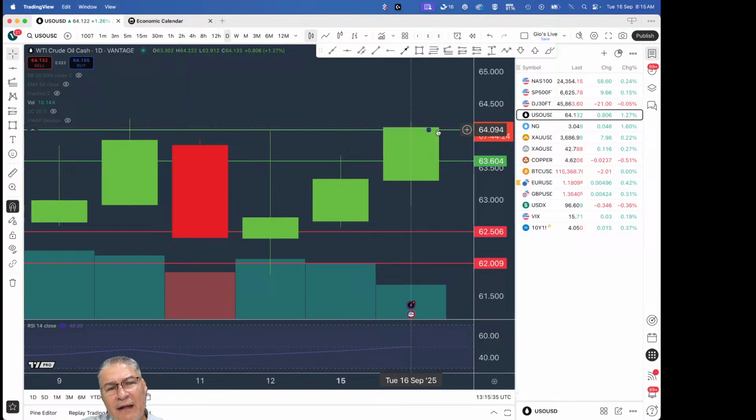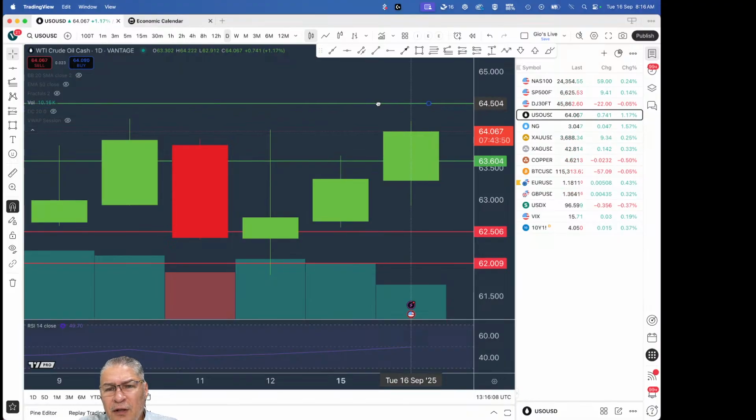Obviously, Trump is trying to put tariffs and sanctions on Russian oil, trying to get China and India to stop buying their oil. However, the demand is there and is going to continue to be there, and the thought of this glut or supply coming online obviously brings our momentum to the upside much stronger.